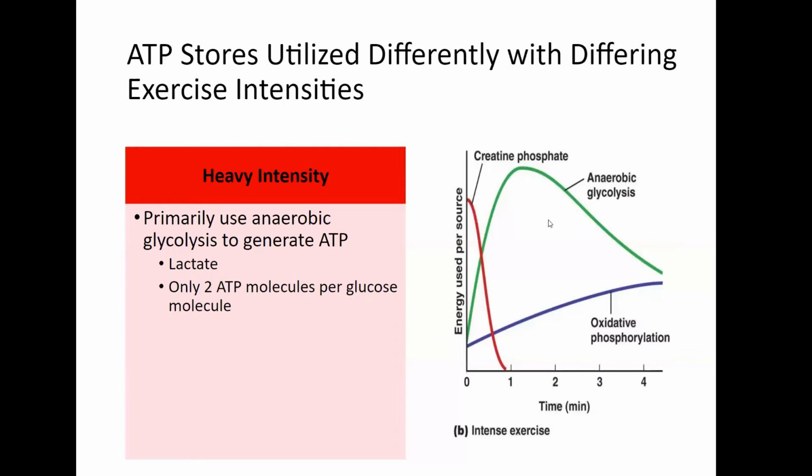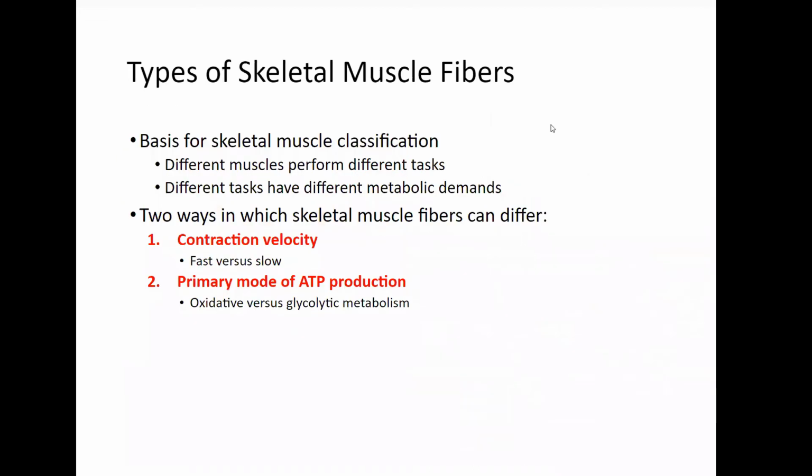So we're going to be able to make more powerful movements, mainly because we can make the fibers so big that they would be hard to get oxygen all the way through into the mitochondria if we were trying to do oxidative phosphorylation. And we're going to be thinking about light versus heavy intensity activity throughout these next couple of slides. So that's the basis for this stuff.